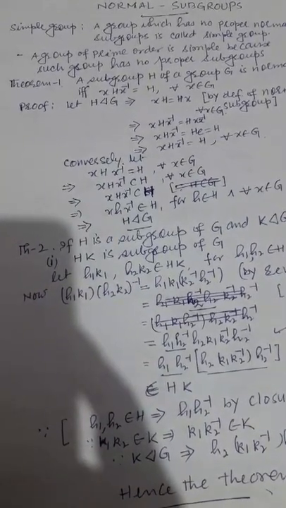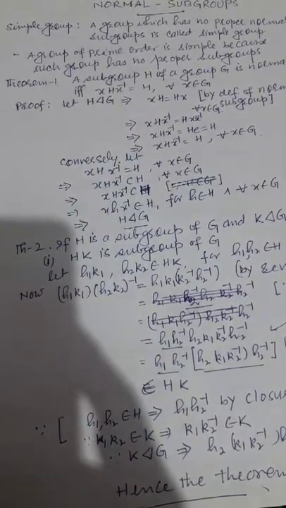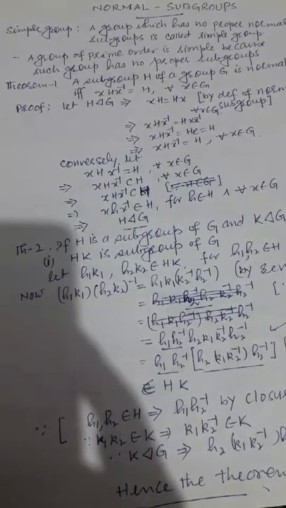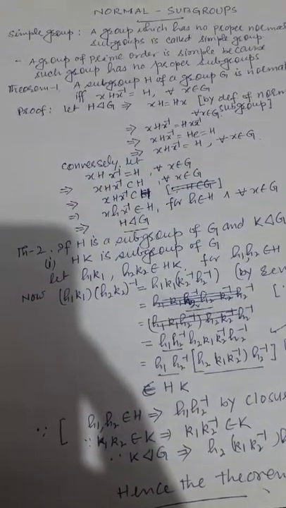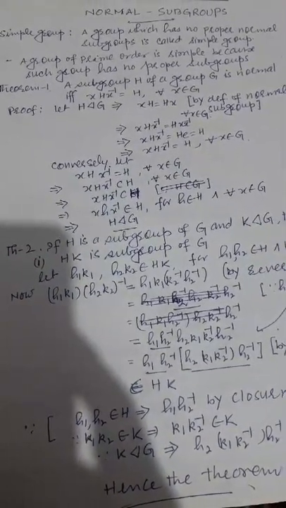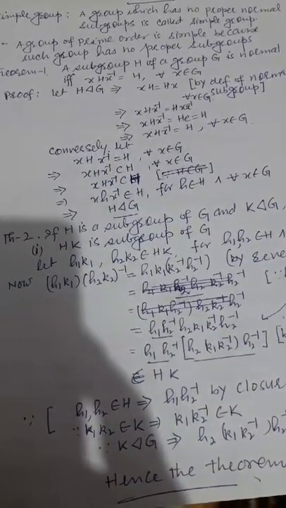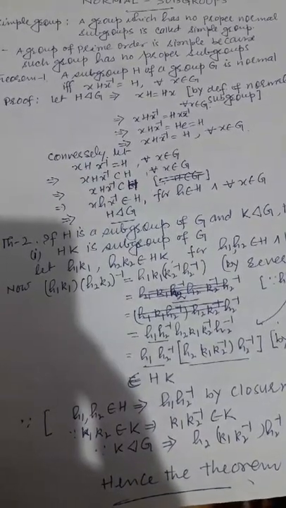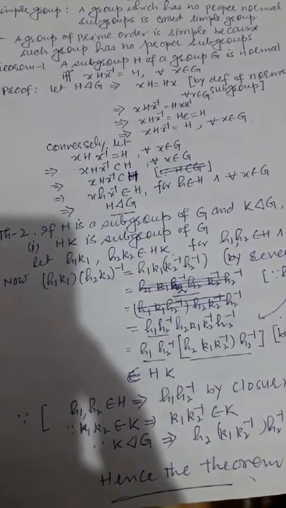Now, simple group. We know that every group has two normal subgroups, the set containing the identity and itself.